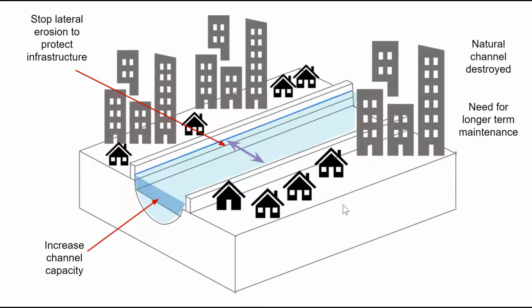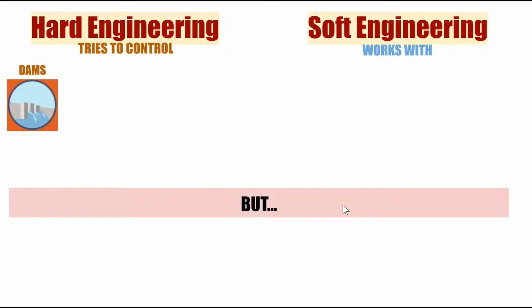But there's the second point that we've just been looking at there, the need for longer maintenance. Think of everything that I've just said going into that. And the natural channel is absolutely devastated by this. This is turning the natural channel into something that is completely controlled by human nature.